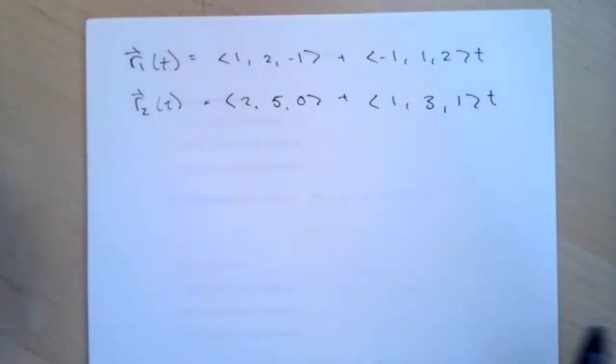Skew and intersecting is something that can happen now in 3 dimensions, where I can have lines that are non-parallel, but they also don't intersect.